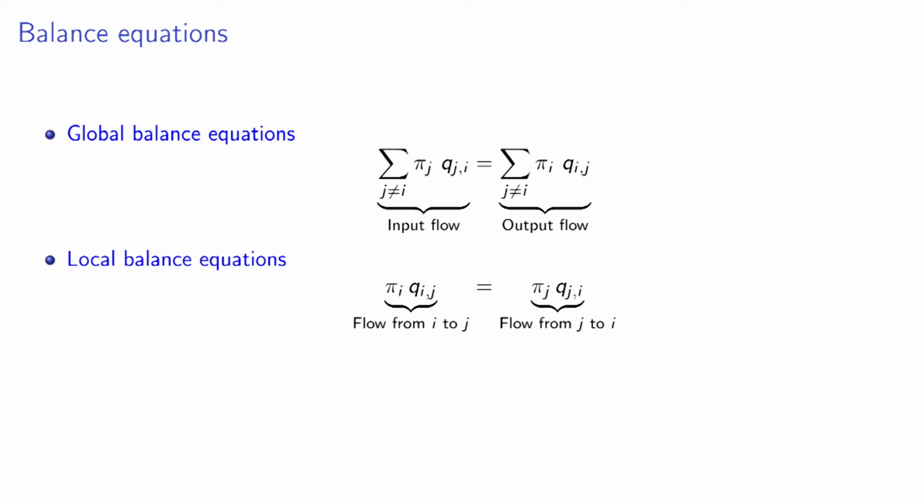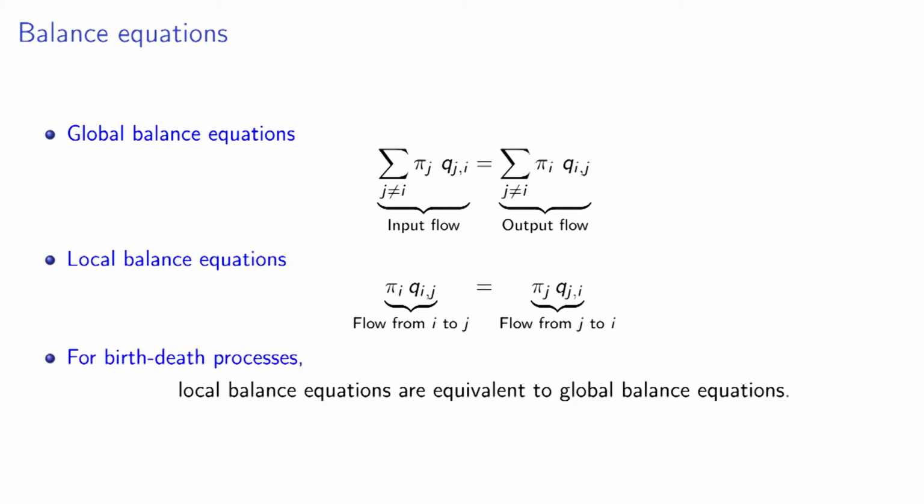There is, in general, no reason why the global balance equations should imply the local balance equations. But for birth-death processes, they are equivalent. This means that if we can solve the local balance equations, then we also find a solution to the global balance equations. The local balance equations are far easier to handle since they only relate to pairs of states.